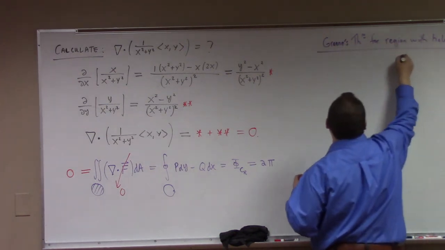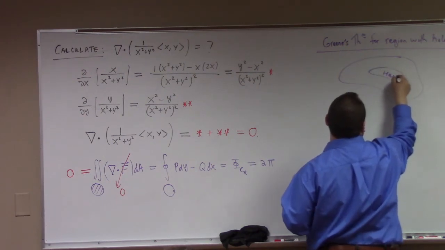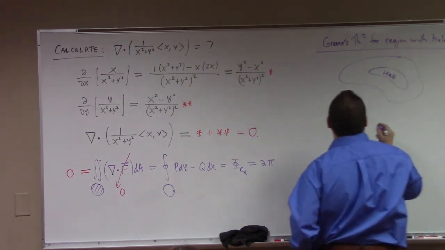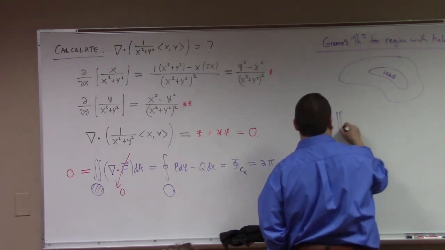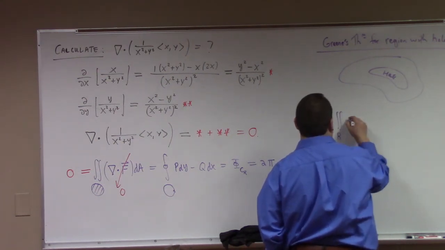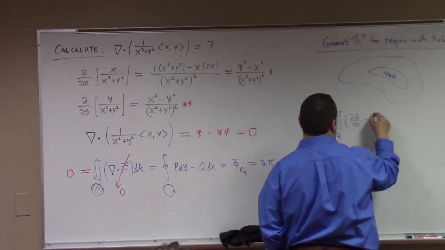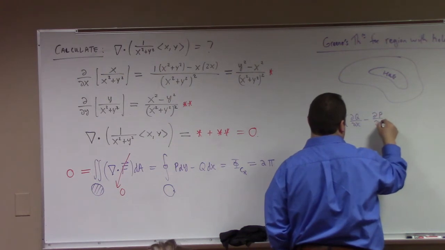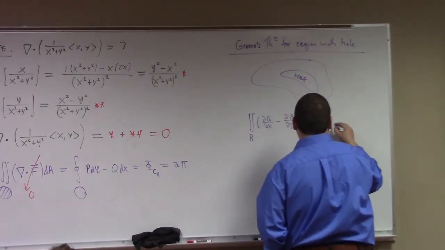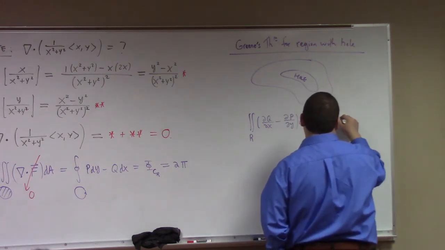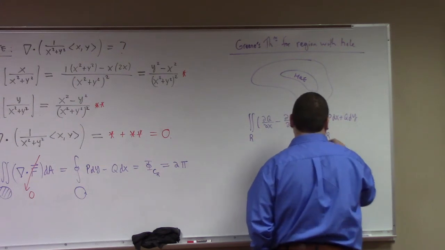So if I have something like this, and then there's a hole, then we can say the following: the integral over the region of partial q partial x minus partial p partial y dA is equal to the integral of p dx plus q dy over the boundary of R.